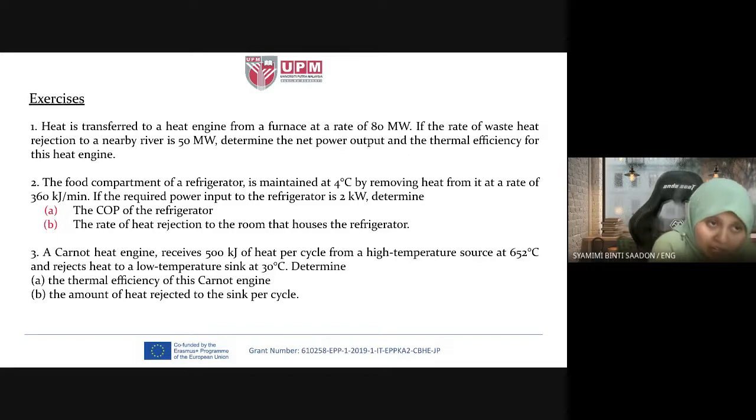Remember, even though a Carnot heat engine is an ideal heat engine, it doesn't have 100% efficiency. It just gives us an idea of the theoretical limit, the maximum efficiency or power that the heat engine can produce.